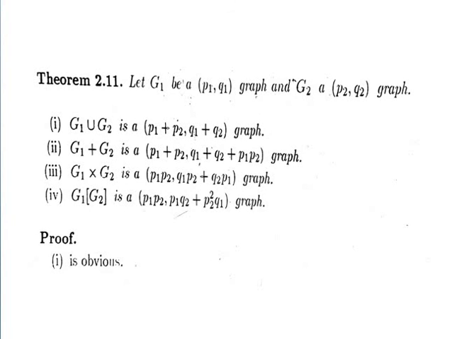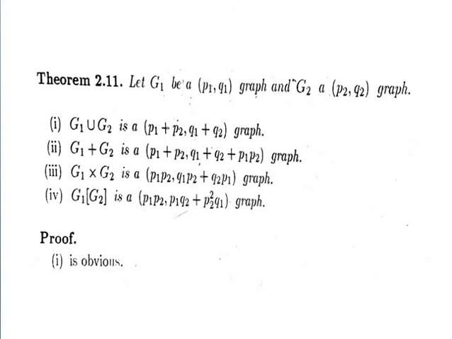Using this we can see a theorem for the given two graphs. We have to prove G1 union G2 is a (p1 plus p2, q1 plus q2) graph. That is, the number of points in G1 union G2 is p1 plus p2 and the number of lines is q1 plus q2. The second one, the sum of two graphs, has the number of points as p1 plus p2 and the number of lines as q1 plus q2 plus p1 times p2.